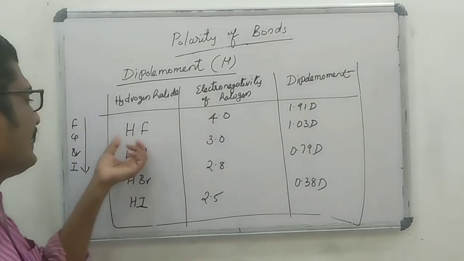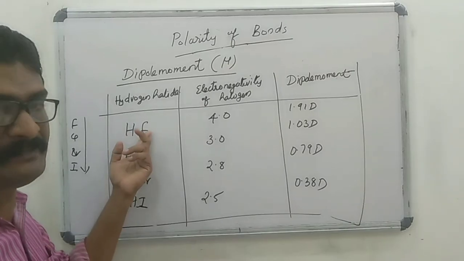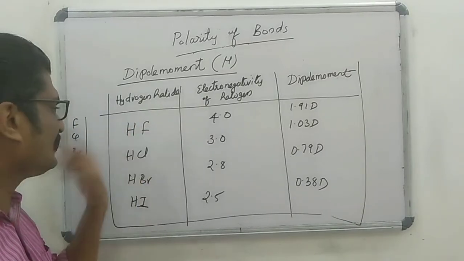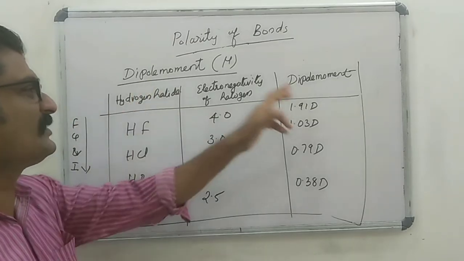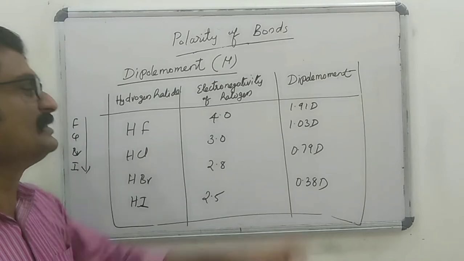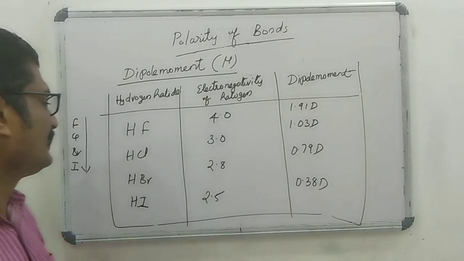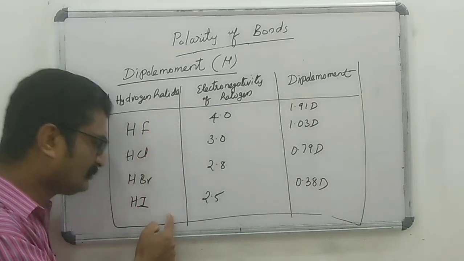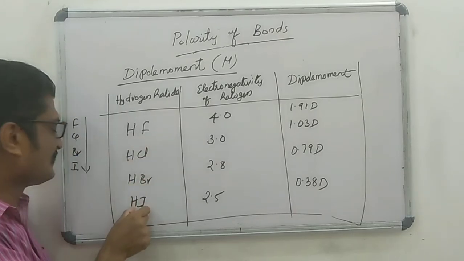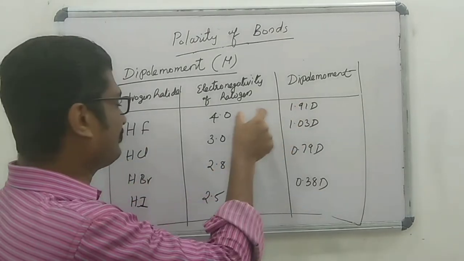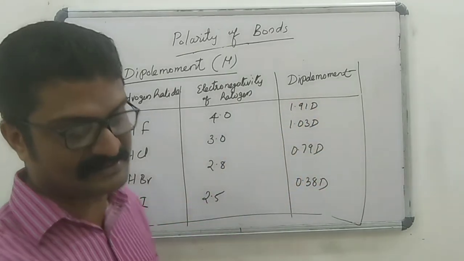We can observe the greater electronegativity difference in HF, since fluorine is the more electronegative atom. Here HF is more polar, and HF has the greater dipole moment, that is 1.91 D. As we move down, the electronegativity difference decreases, then the polar character decreases and the dipole moment value also decreases.